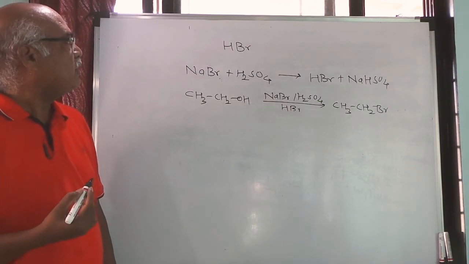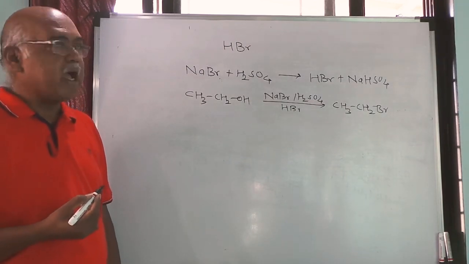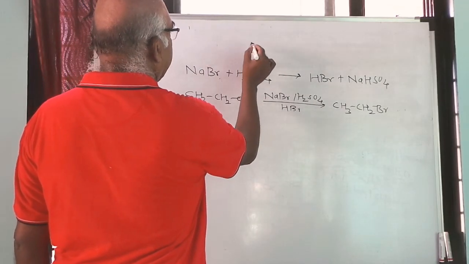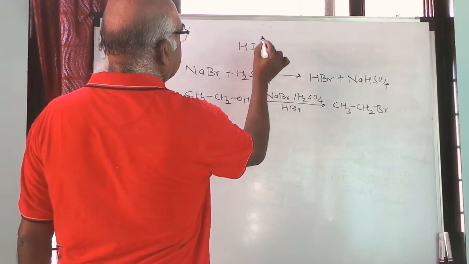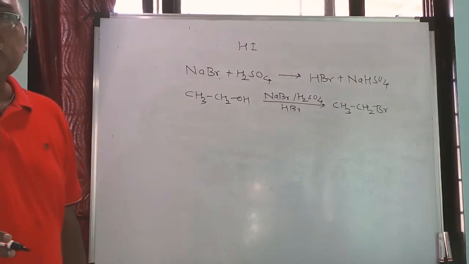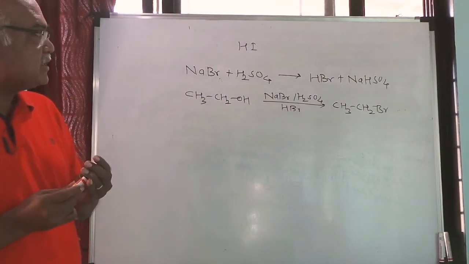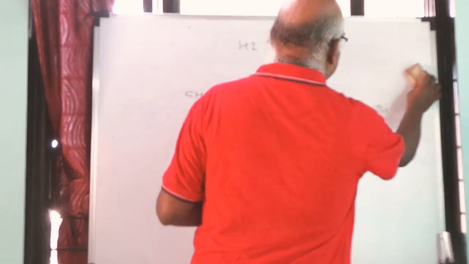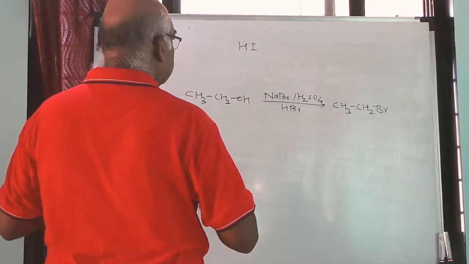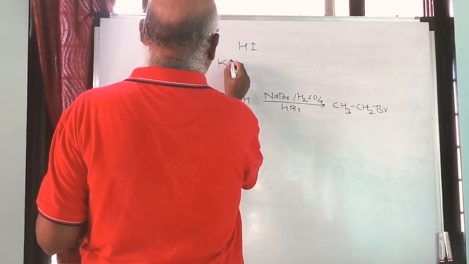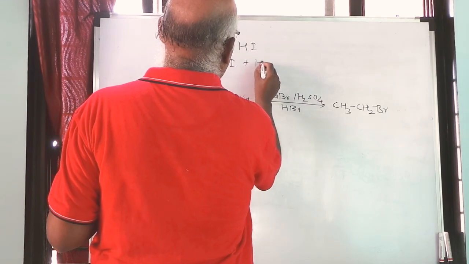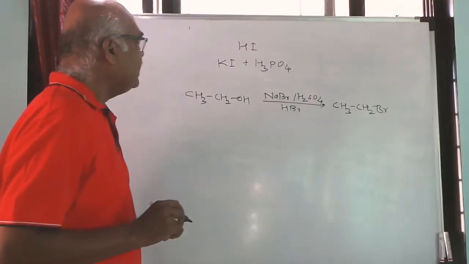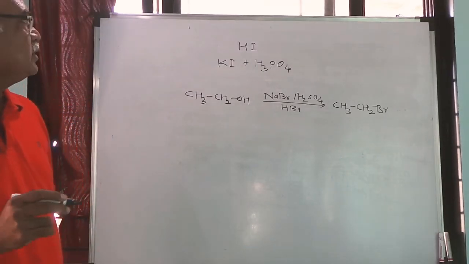And suppose we want to prepare alkyl iodide, then instead of taking HI, we have to prepare this HI in situ, that means at the reaction site, and for that you have to take KI, potassium iodide, with phosphoric acid, H3PO4. When KI and phosphoric acid are used, what happens?